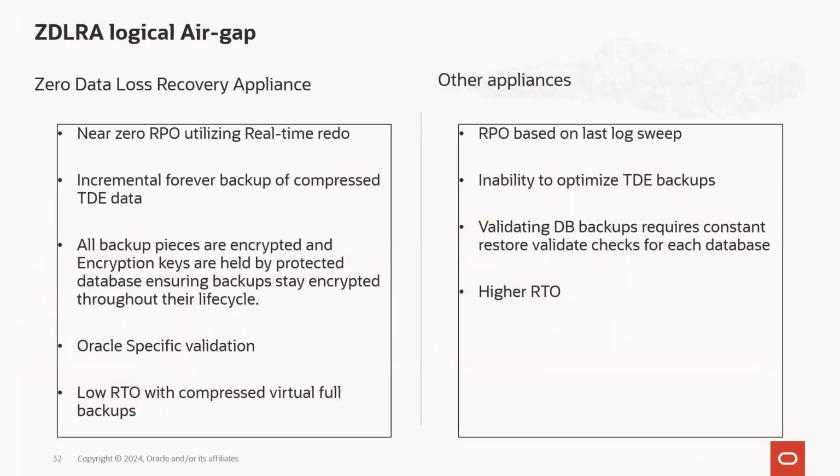So ZDLRA, in a logical air gap, provides that near zero RPO using the real-time redo. If you're not familiar with it, the recovery appliance gets the backups directly from the database, just like a standby database. So you're able to get that very, very low, near zero recovery point, even if the database crashes, or if the database is attacked by some sort of ransomware, the last valid transaction is sent to the recovery appliance, and that's going to be your recovery point, not the last time that you did a log sweep.